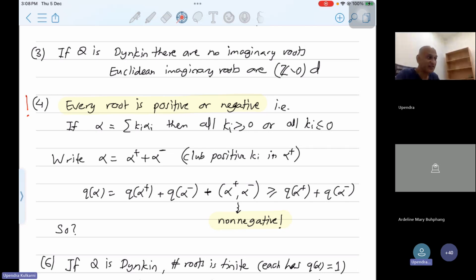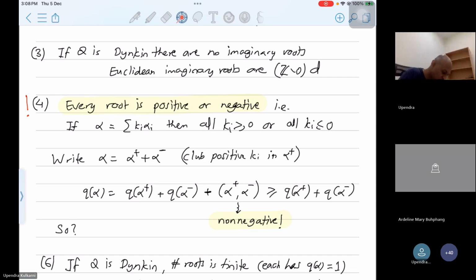But it's a connected thing, remember? Okay, one second, not necessary, because you could just have two completely distant sets of vertices and the sum of the coefficients is zero. Never mind. Nonetheless, this is going to be a non-negative entity. Therefore, Q of alpha is greater than or equal to Q of alpha plus plus Q of alpha minus.